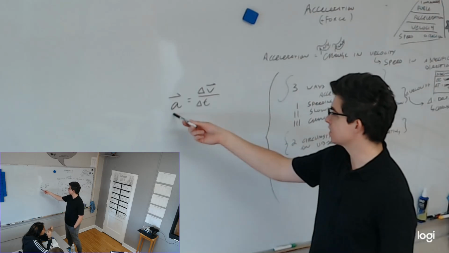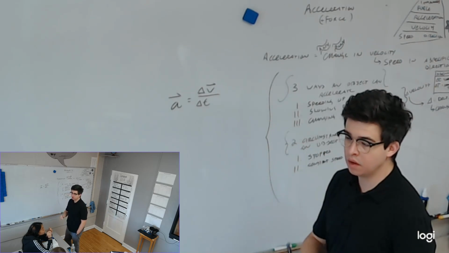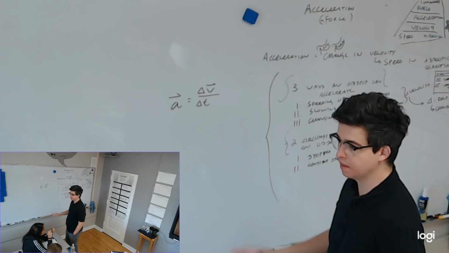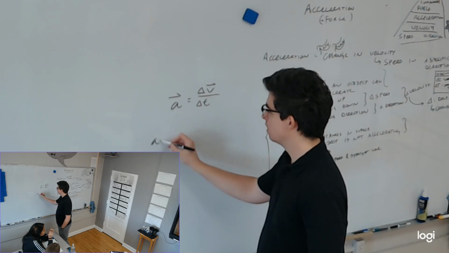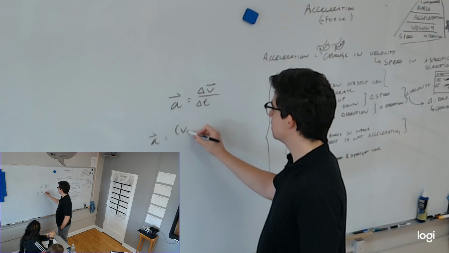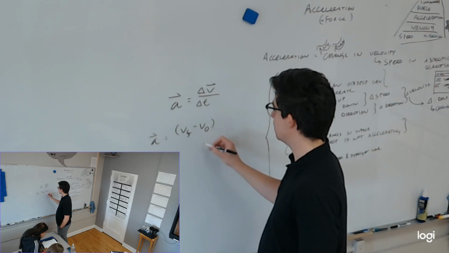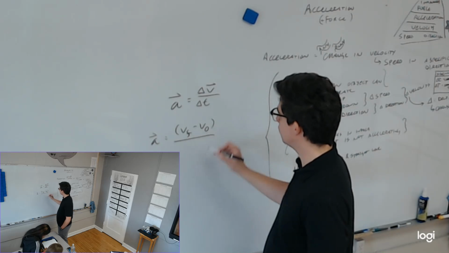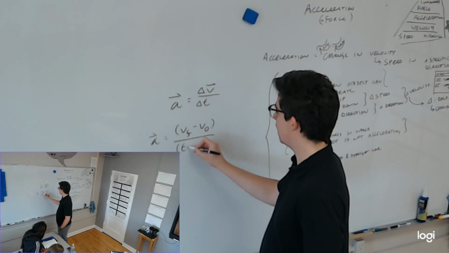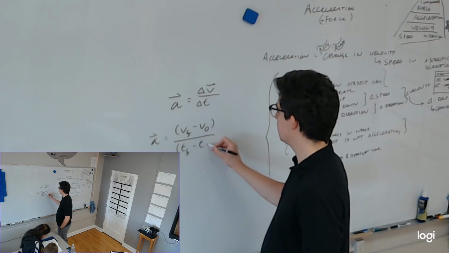That delta v over delta t equals acceleration. And anytime there's a delta quantity in anything, we can rewrite it this way. We write it as velocity sub f, which means final velocity, minus velocity sub naught, which means initial velocity, over time final minus time initial.